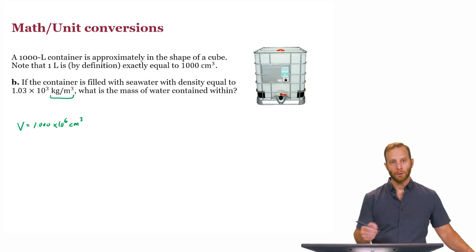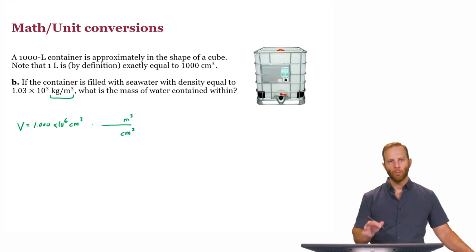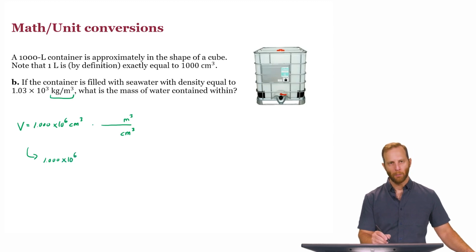And so I want to multiply this by some conversion factor. I want to multiply this times something that will get rid of centimeters cubed and give me meters cubed. To really drive home the point of what we're going to do here, let's instead make this abundantly clear by writing this as 1.000 times 10 to the 6. And remember that centimeters cubed is centimeters times centimeters times centimeters.